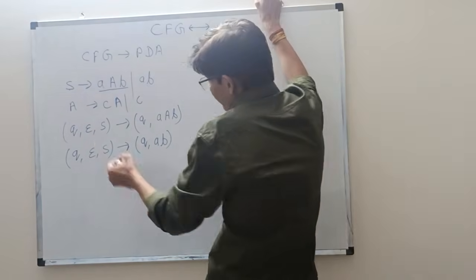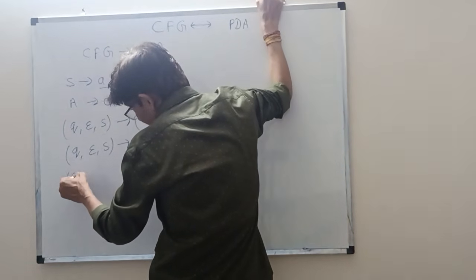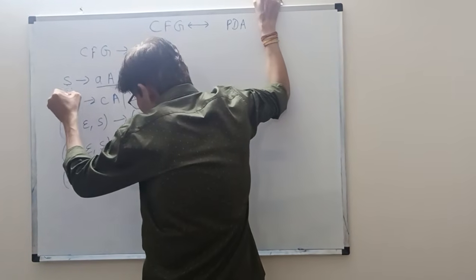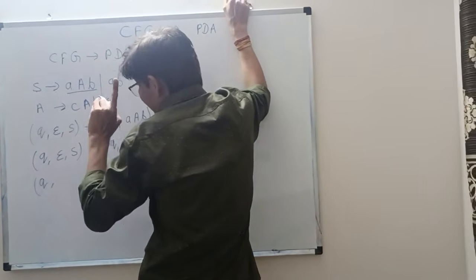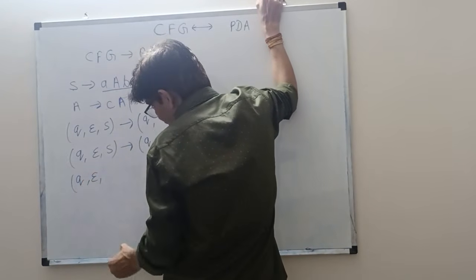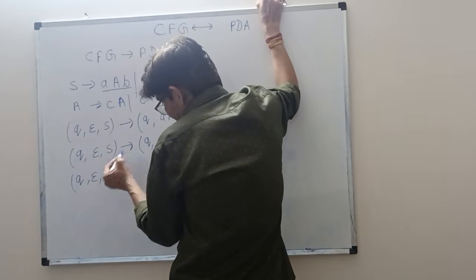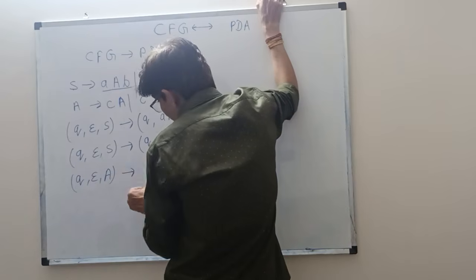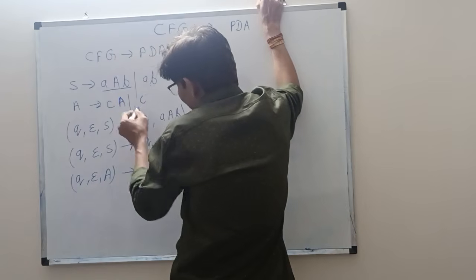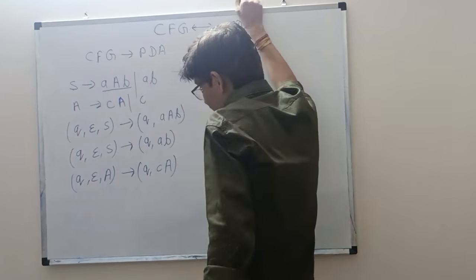Now for A. As I told you, I'm using only one state, so I will be in Q. As A is also a variable which is the current stack top, I will not consume any input symbol and I will read epsilon only, and the stack top is A. So I will stay in Q and push this right-hand side string into the stack.